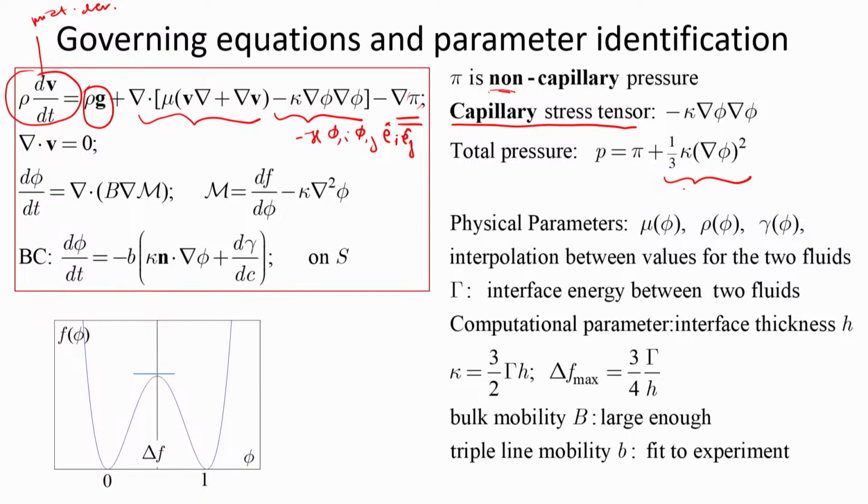Keep in mind, this exists only in the thin interface, right? So if this is my interface, it only exists here, outside of interface in my phases 0 and 1. When phi is 0 and 1, gradient is 0, right? Phase field is constant in pure phases.